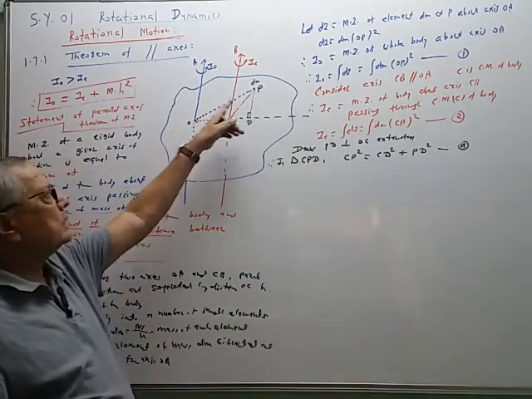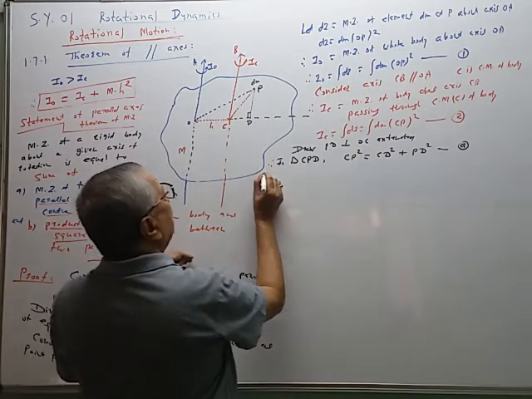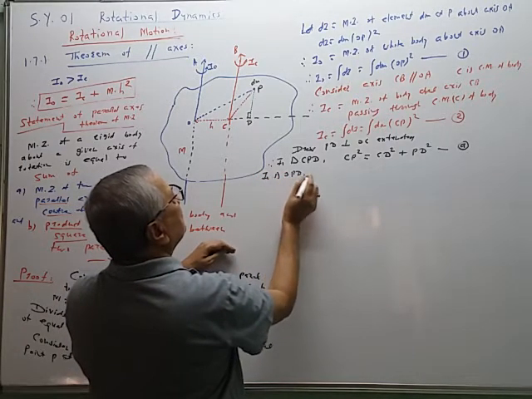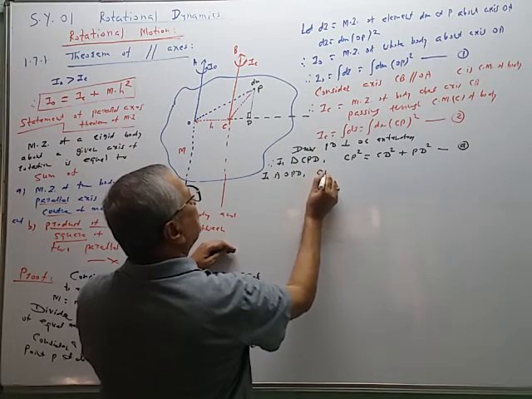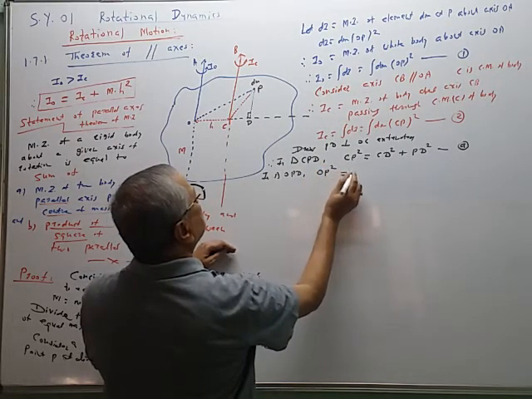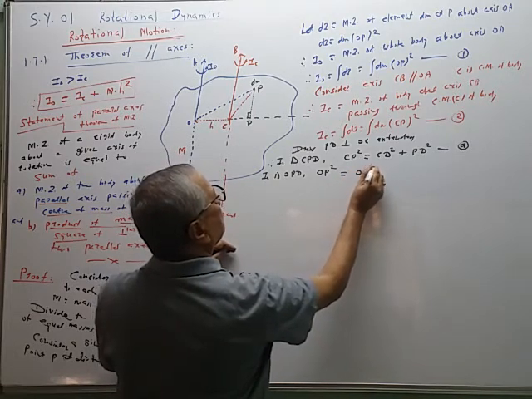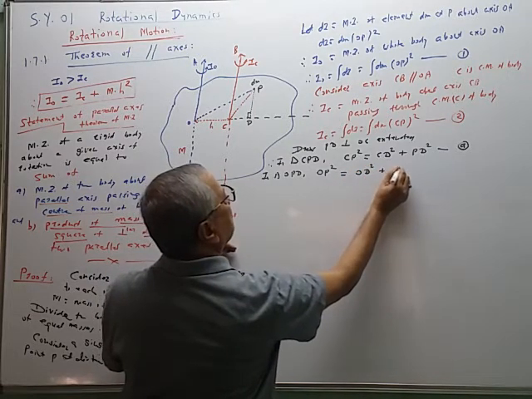Now consider the big right angle triangle OPD. In triangle OPD, it is also a right angle triangle. By Pythagoras theorem, OP square is equal to OD square plus PD square.